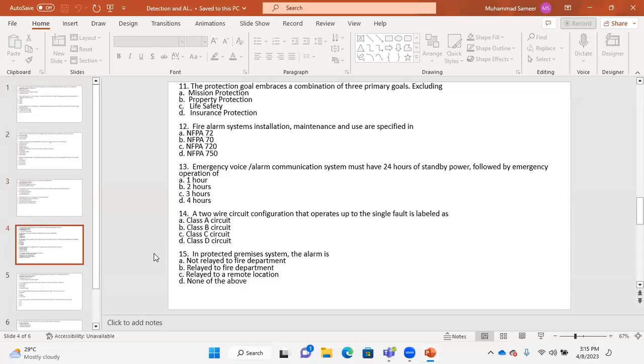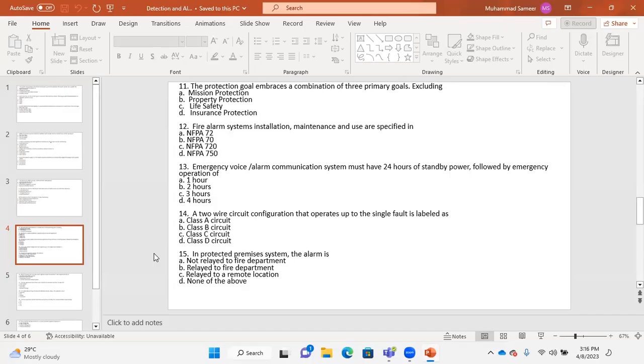The protection goal embraces a combination of three primary goals, excluding insurance protection. Exactly.